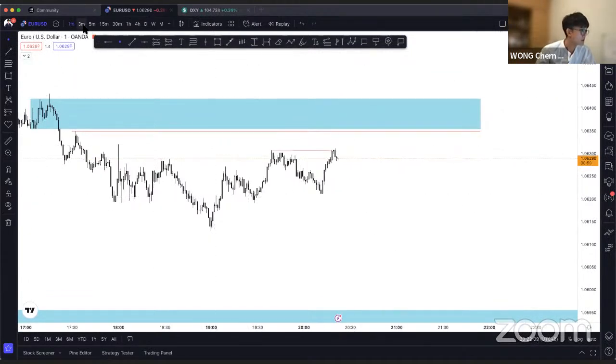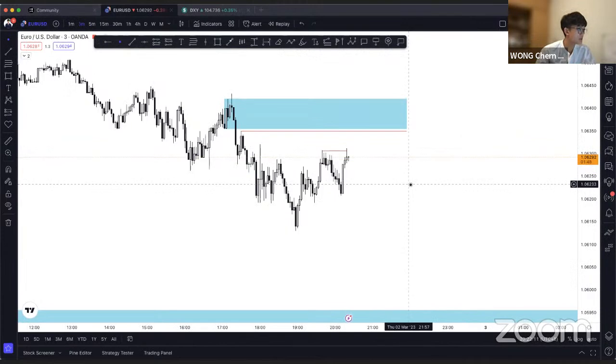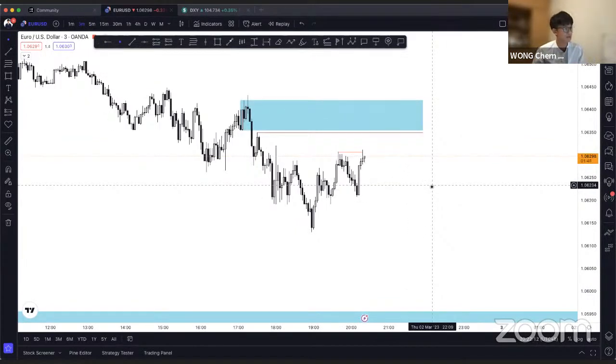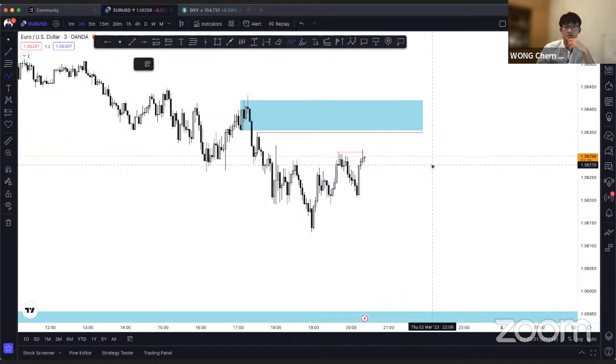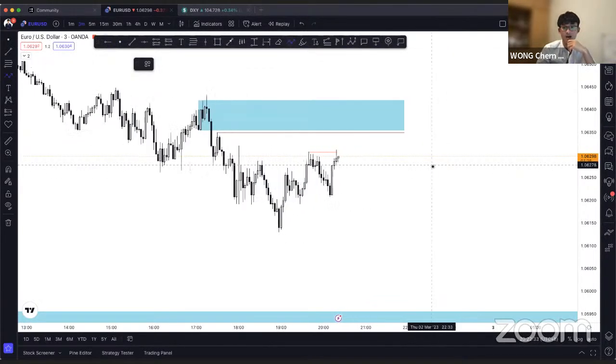If you're on the 3 minute time frame, I believe that price can continue its bullish momentum into the market. I believe that we could potentially see price hit up to this specific area about 5 pips away, and I will be entering a short if confirmations are met.